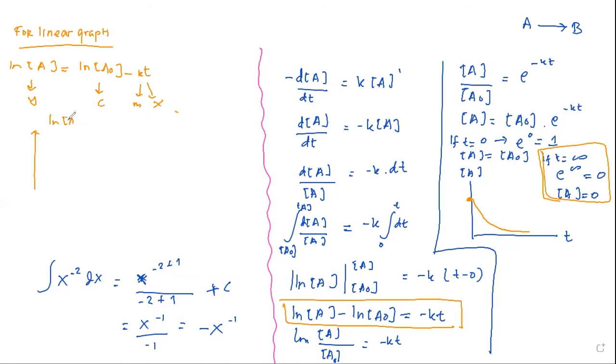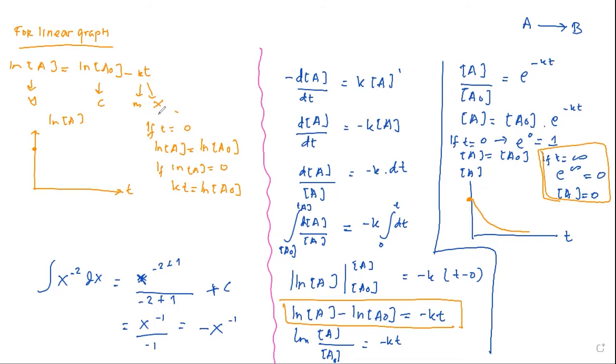So this is ln concentration of A against time. If t equals 0, then ln A equals ln A0, right? So this is the point. And if ln A is 0, that means kt equals ln A0, because if ln A is 0 here, then you move the kt here.